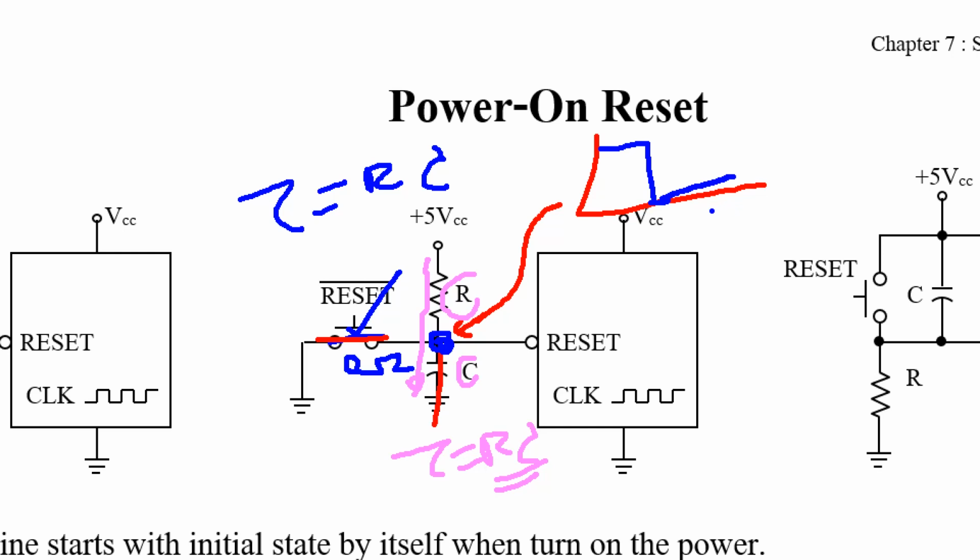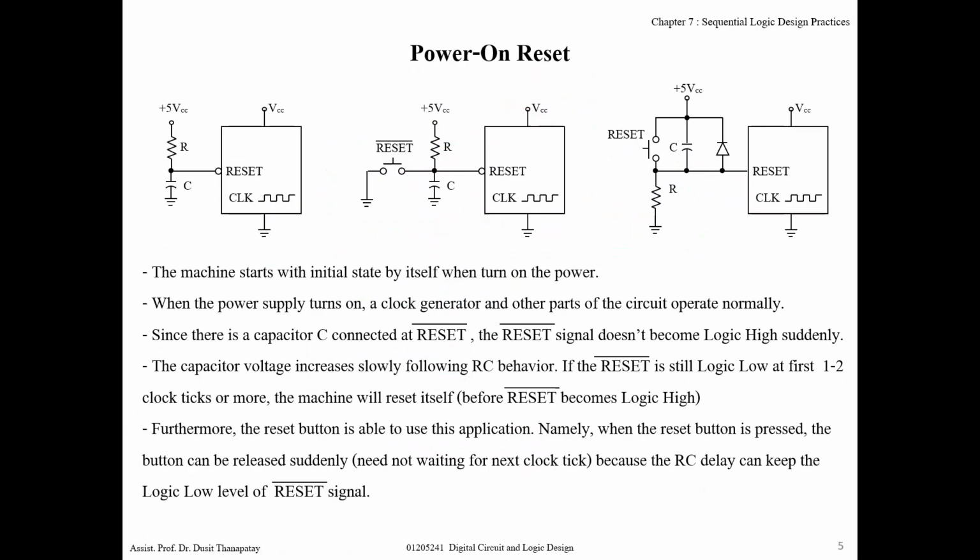So if it is slow enough, when the clock ticks, at this point of time this point is still logic low, so it can reset even if you push the switch for a very short period. For this one, you also add a capacitor, and this one is for an active high reset.